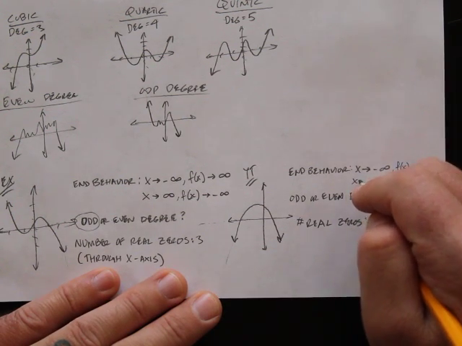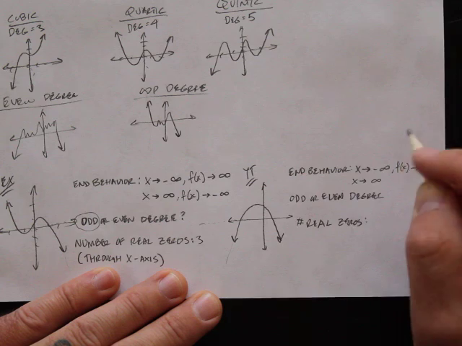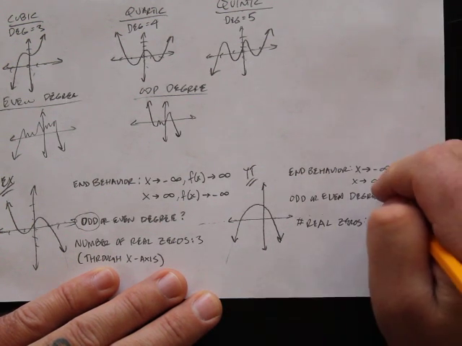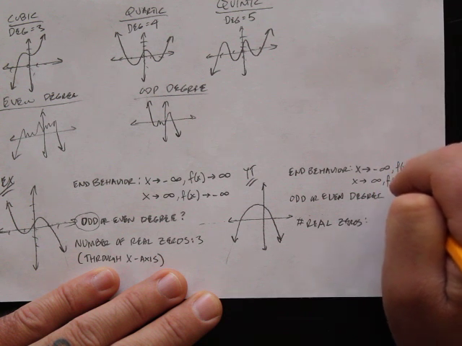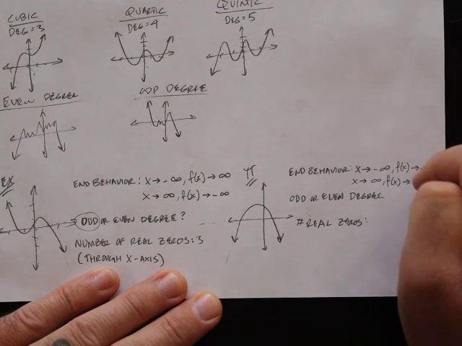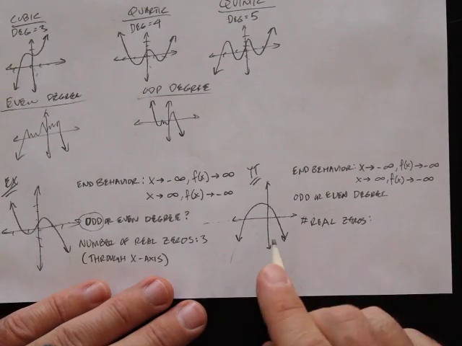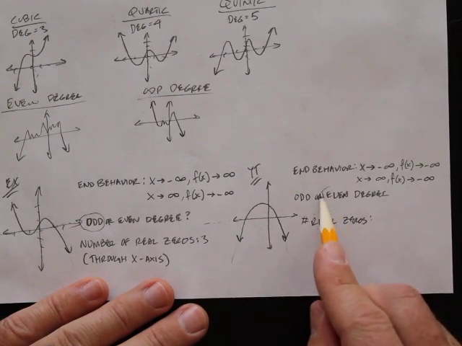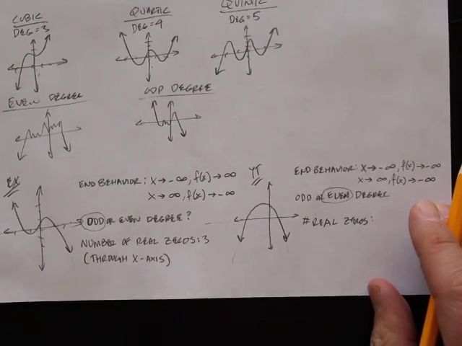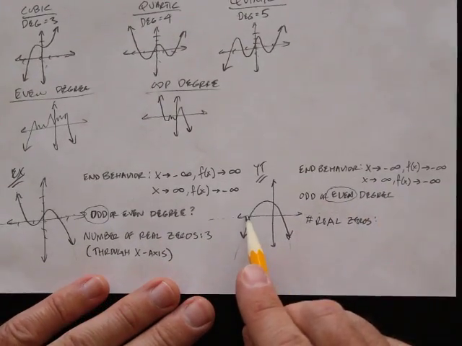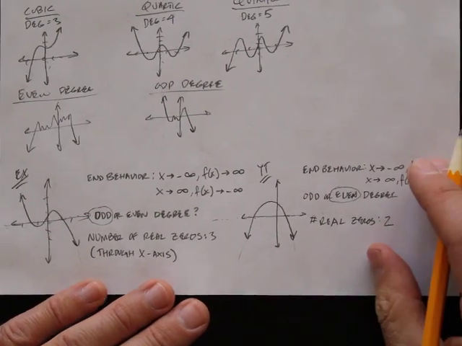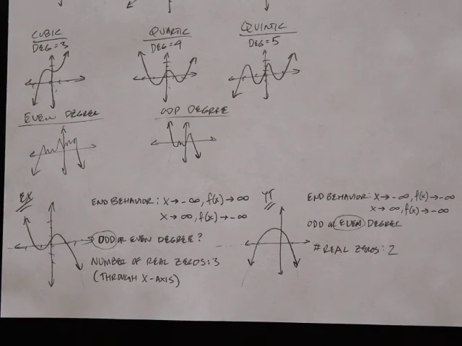As x goes to positive infinity, if I plug in x values to the right, f of x is going down, so f of x is going to negative infinity as well. Now, since my arrows are both pointing down, I know this is an even degree, and I can see that this graph goes through the x-axis in 2 spots, so I have 2 real zeros. And that is 5-3.